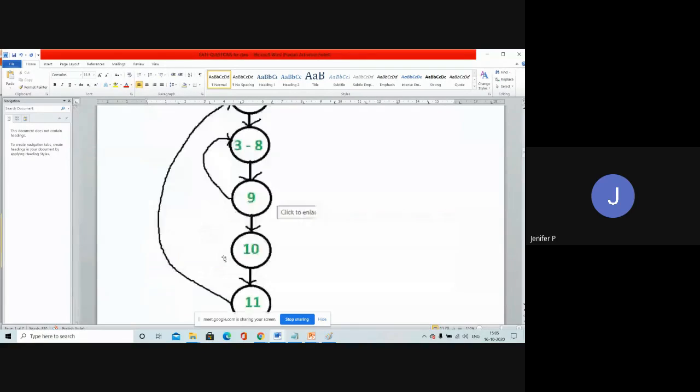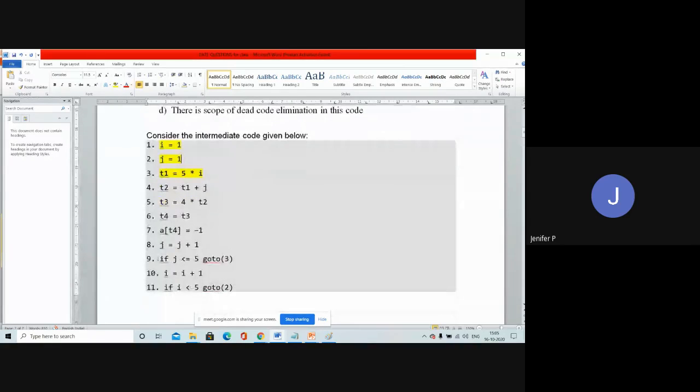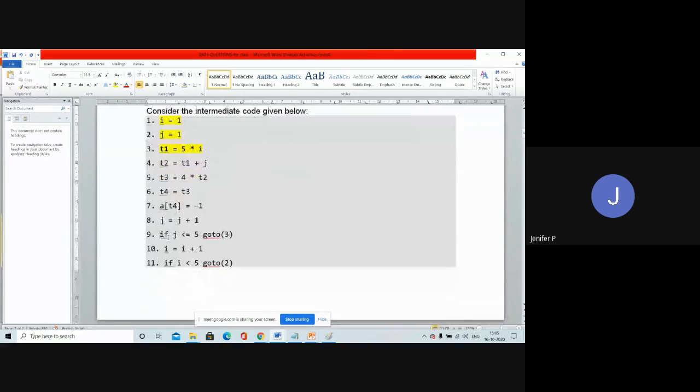So the first statement is a leader. Then the label of go to is a leader. Then the conditional go to is a leader, that is the if statement, if i j is less than or equal to 5, go to 3. So that is a conditional go to, which is a leader. And the next one is the statement after the go to is a leader.